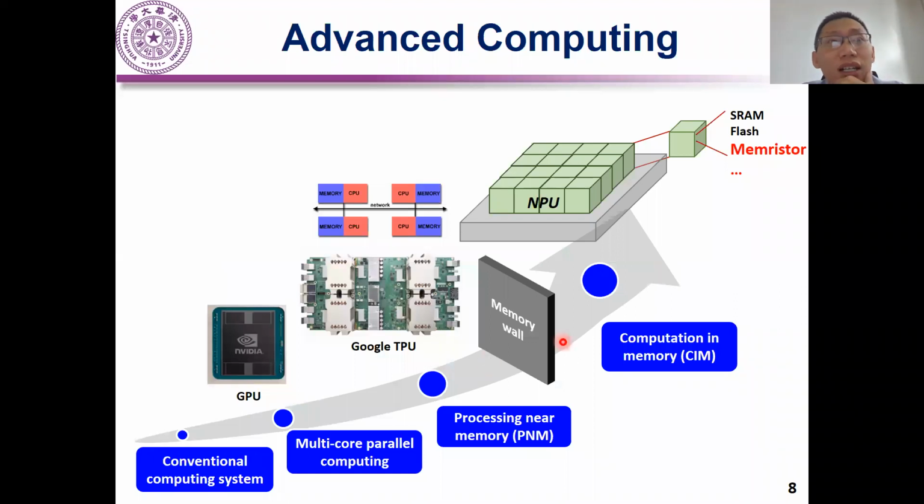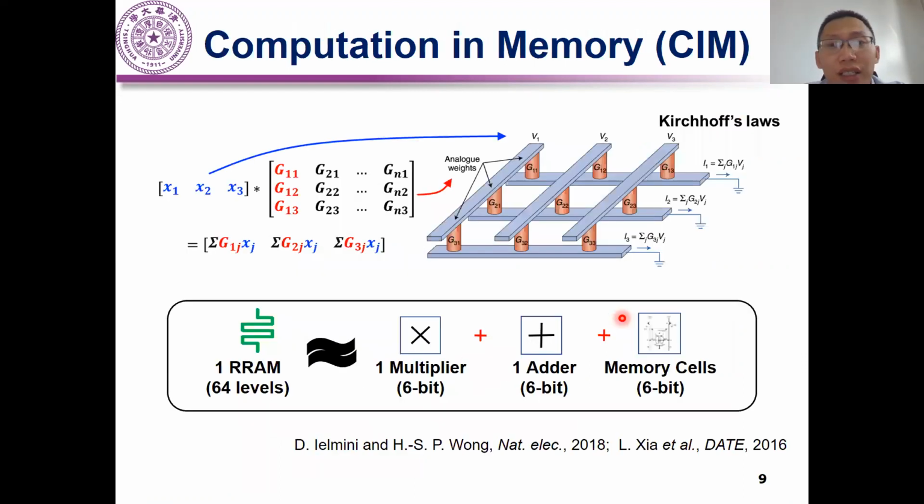However, to further increase the computing power and reduce the area and the energy consumption, an emerging technology such as computing in memory should be introduced. Here we call it CIM for short. We first show an example of how to realize CIM with an RRAM array.